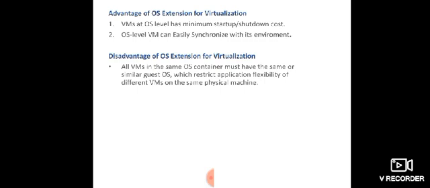The disadvantage is that all virtual machines in the OS container must have the same or a similar guest operating system. Based on the guest operating system, our system's flexibility and efficiency will change. So this restricts the flexibility of different virtual machines on the same physical machine.